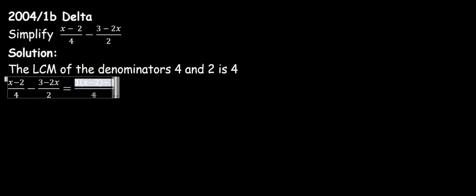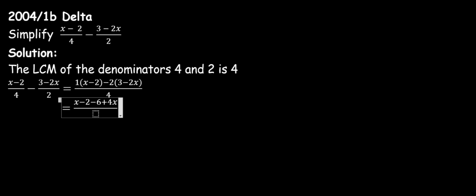Then minus, when 2 divide 4, which is the denominator, our LCM, when 2 divide 4 will give you 2, and the 2 will now be outside the bracket, and you enclose the other item there, which is 3 minus 2x. Opening up the bracket at the numerator, we have equals to x minus 2 minus 6 plus 4x.